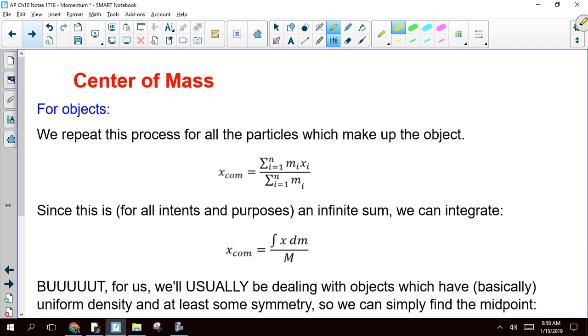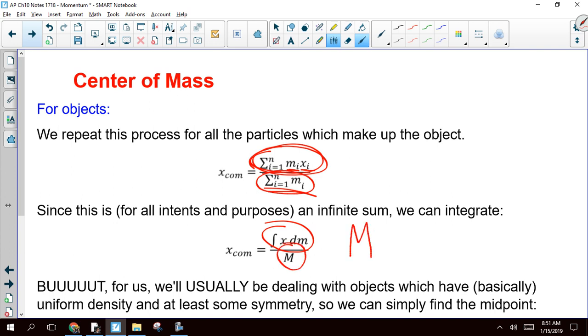So it boils down to summing up mass times position for all of the particles in the object, and then dividing by the total mass of all of the particles. Hopefully, those of you who are in calculus are now thinking, oh, this looks like an integral. So this sort of infinite-ish sum is an integral. And the total mass of all of the particles is simply the mass of the object, so I will usually use capital M to represent the total mass of the object.